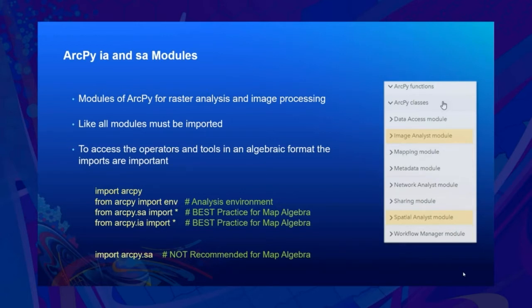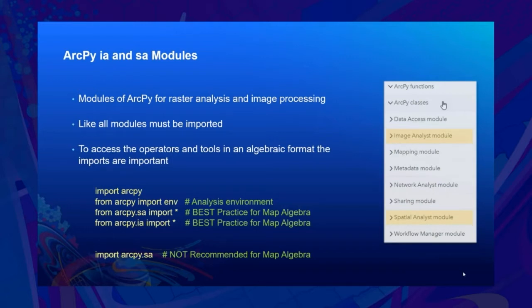Then you can import all the tools from the SA module by writing from arcpy.sa import star. That's kind of the best practice if you're trying to write a map algebraic expression. Similarly, you can import it from the IA module. Now, of course, you can write import arcpy.sa, and then you can use namespace to specify all the tools and functions. That is all good. However, you will find out that that's not very convenient if you're writing map algebraic expression with functions and operators.